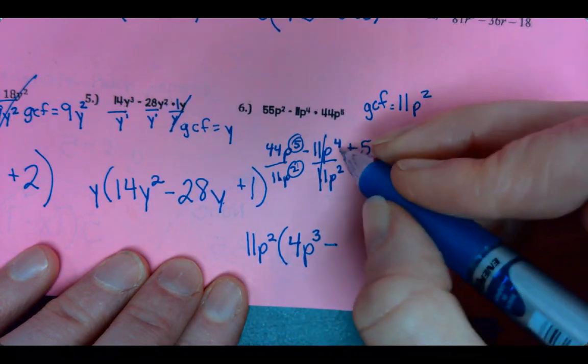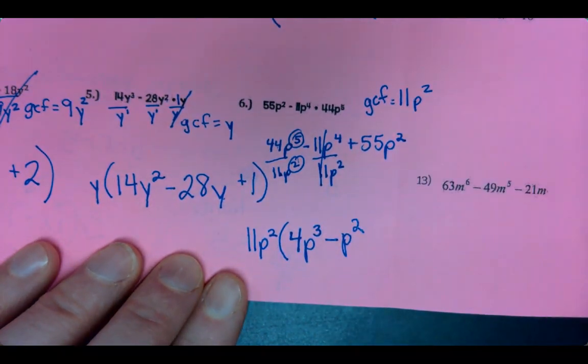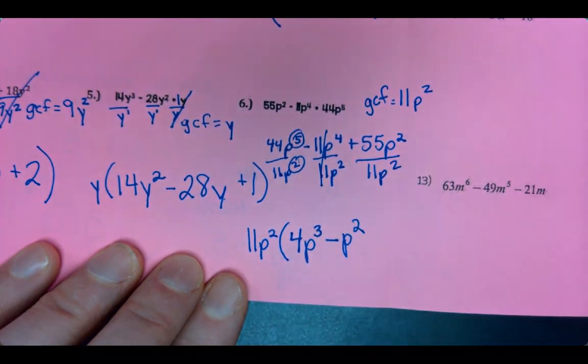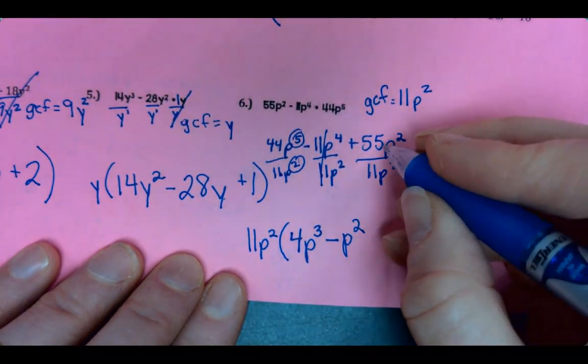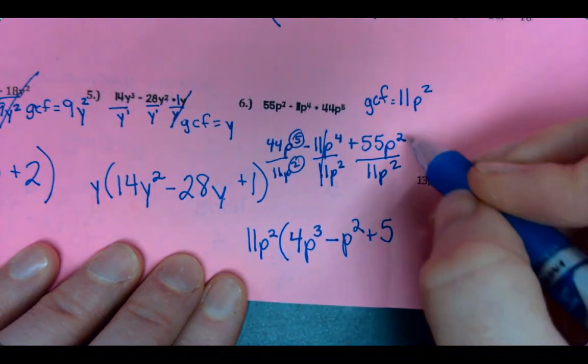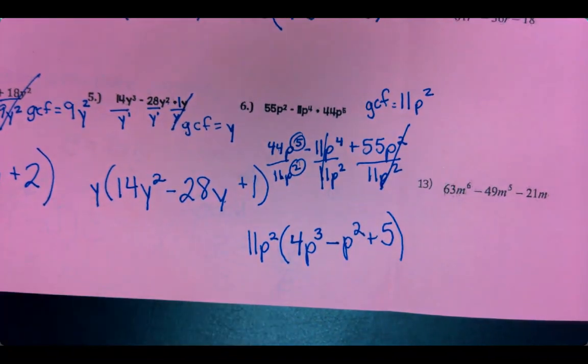Subtract your exponents, p4 and p2, make p2. Divide by 11p squared. Yep. 55 divided by 11 is 5. Right. P squared and p squared cancel. So that is it.